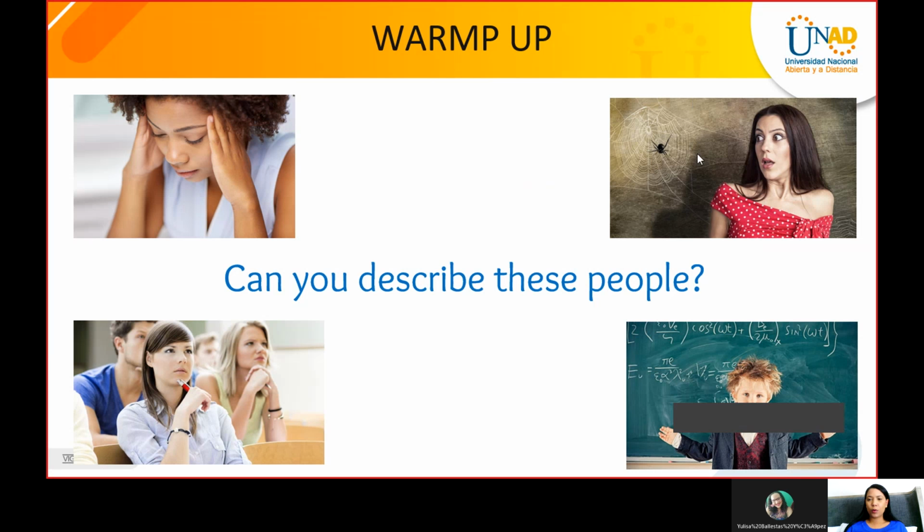Now look at the next woman in the next picture. Can you see? So she's looking at a spider. I can see the picture because it has a black square in it. Oh, really?